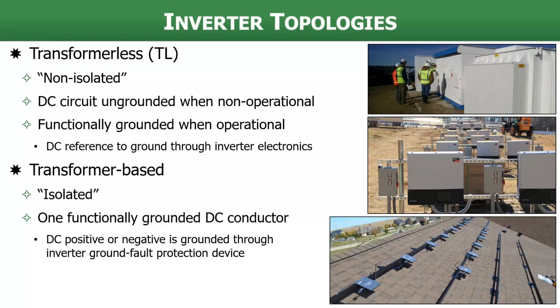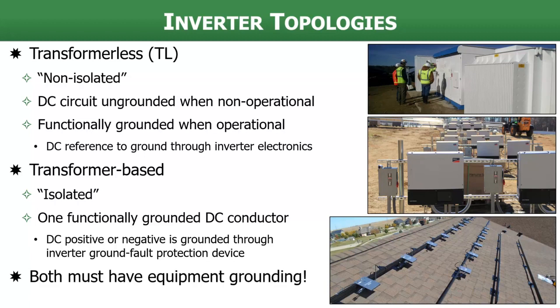And that's going to be grounded through the inverter, through a ground fault protection device. Usually on these inverters, that's going to be some type of fuse, usually a low current rated fuse like 1 or 2 or 5 amps. And so that's going to be the means of connection to ground from the DC side on these transformer-based inverters.